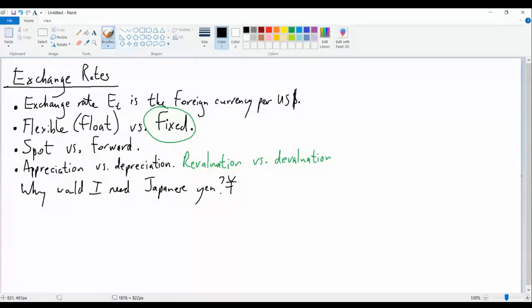So what reasons might I have, even though I live here in the United States, to want to acquire Japanese yen? Any ideas? In the other section, yes, you plan to travel there, you're going on vacation. Okay. That's one. Any other ideas?